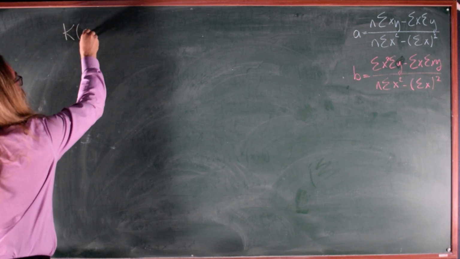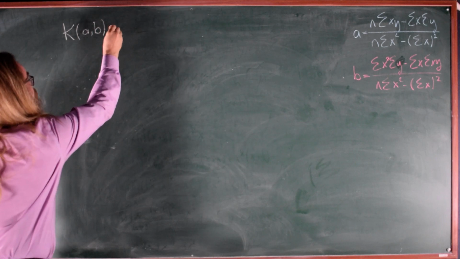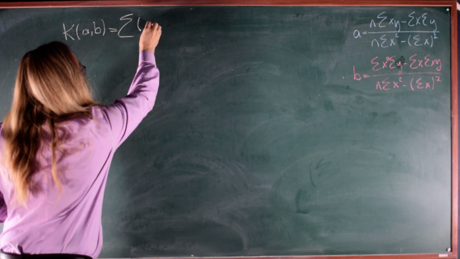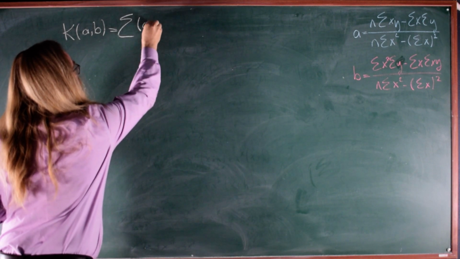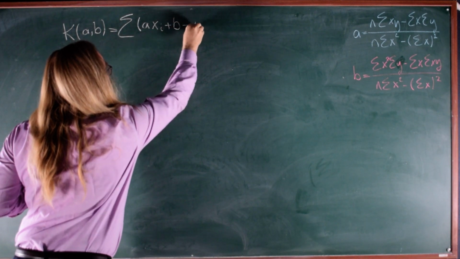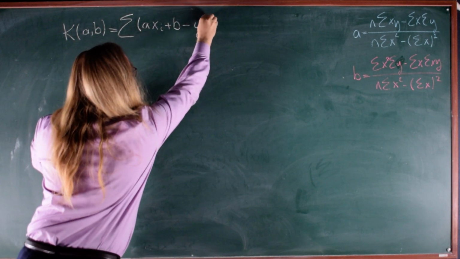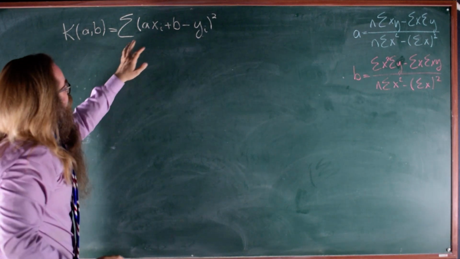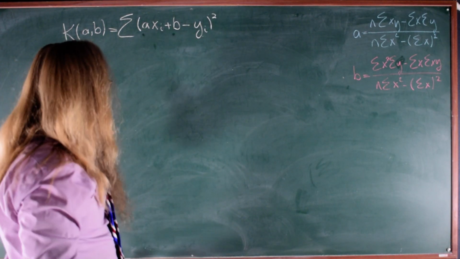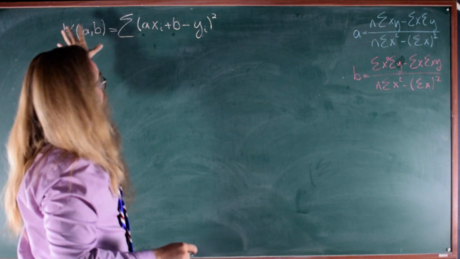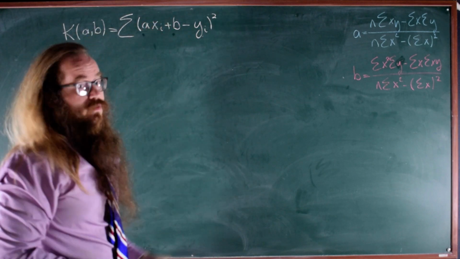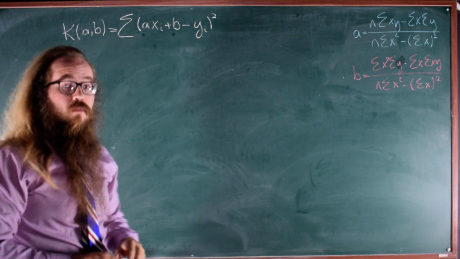K of a comma b is defined as the sum of (a x_i + b - y_i) squared. So this is the value of the line for different values of a and b, and then we subtract the y value, and then we square this and sum over all the points.